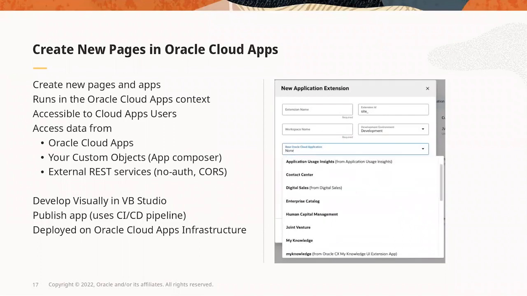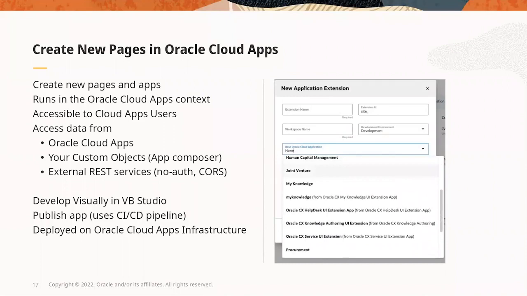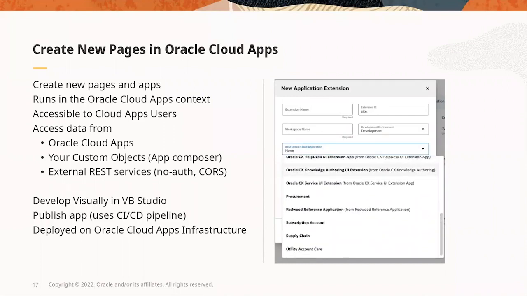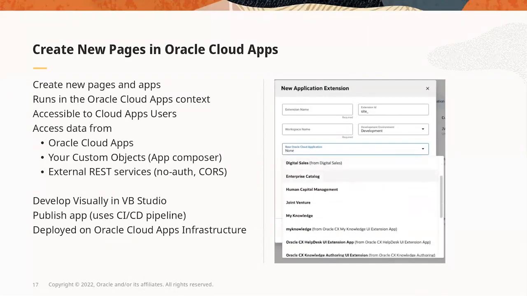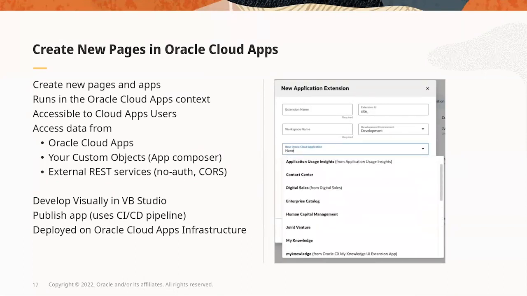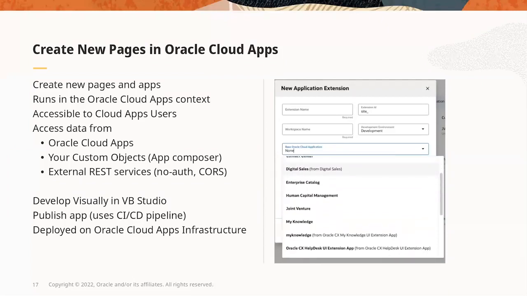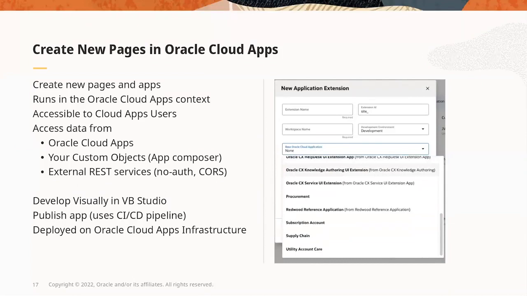If there's any data that you can't find in the catalog, Visual Builder can also access the data from any Oracle Cloud app that has its data exposed as a REST service, which is most of them. And you can also access custom objects that you have already created in Oracle SaaS. So for example, if you used App Composer to create a custom business object in Oracle SaaS, you can access those in your extension built through Visual Builder.